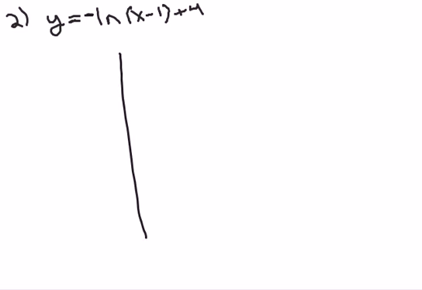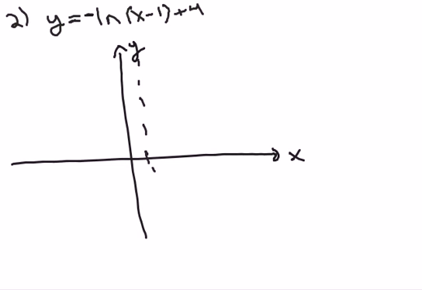And I'm going to go ahead and graph this guy. So right away, you should see that there is a vertical asymptote at 1. So we can label that. It won't always be 1. I just chose the x minus 1 to be in the argument here, like the last problem.